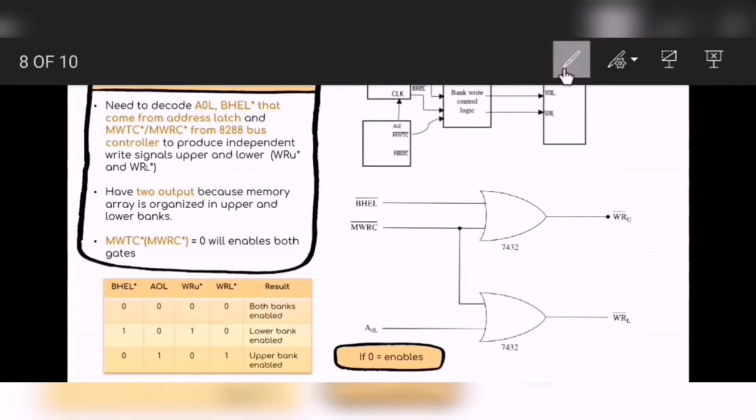Next, when BHEL bar is 1, A0L is 0, WRU bar is 1, WRL bar is 0, so the result is lower bank enabled.